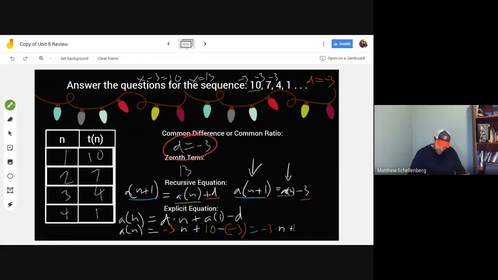Minus negative 3 becomes plus 3. And so this becomes -3n plus 13. And this is your answer right here.